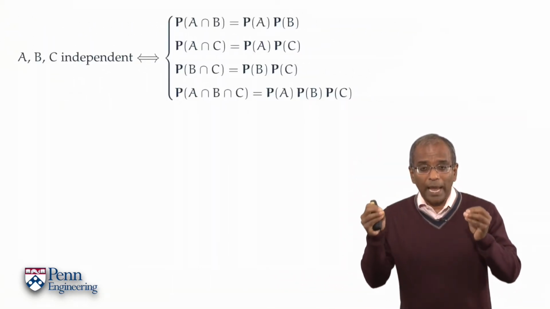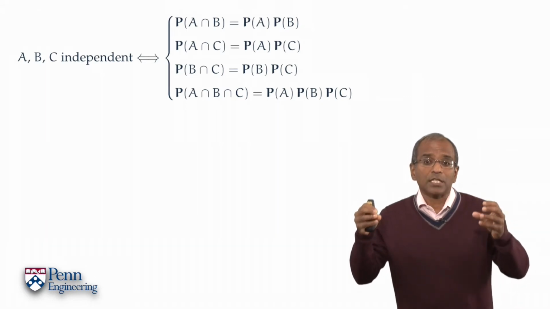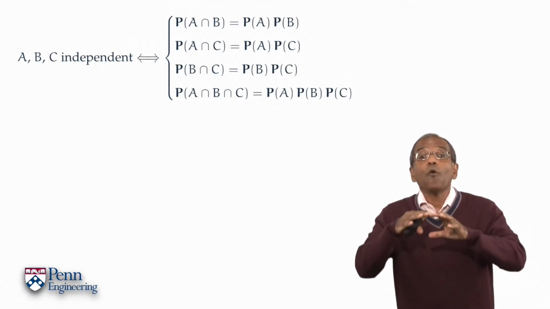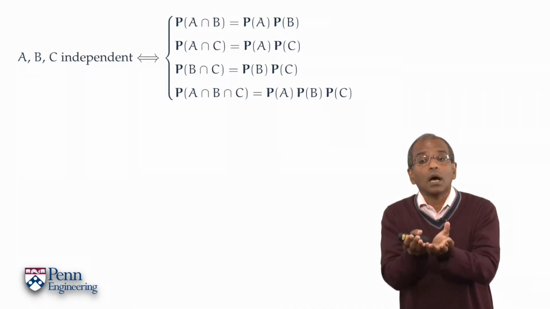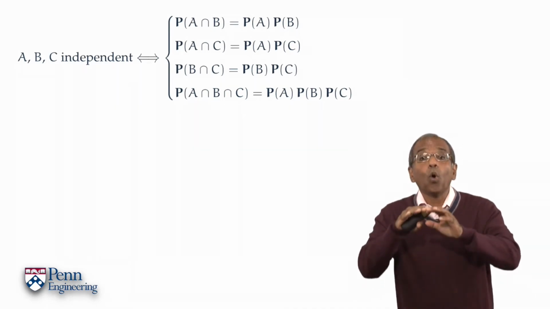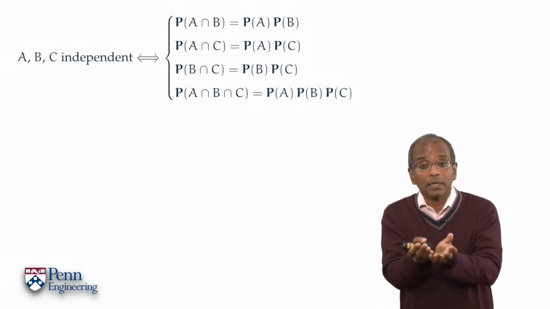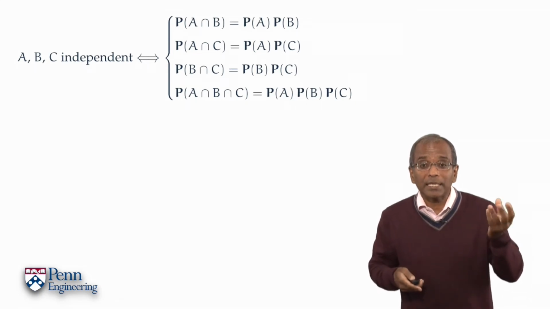Recall, A, B, and C are independent events in some probability space if four rules of product are satisfied. All four are required if you want to conclude that A, B, and C are independent.